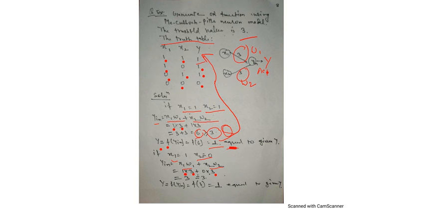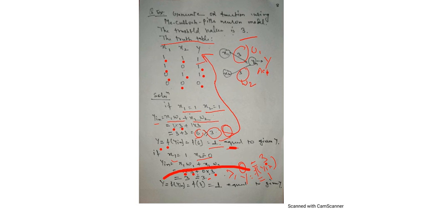How much did we get? We got 3, which is not greater but equal to the threshold value 3. So it is greater than or equal to the threshold value. So y is the function of y input. It will return 1. So in the second case also we got 1.